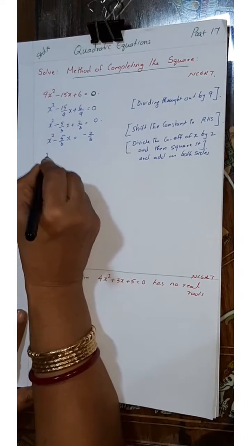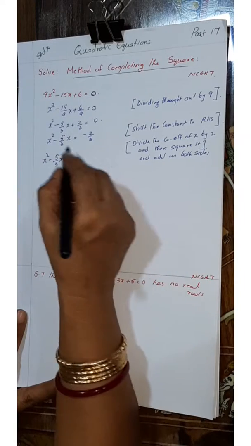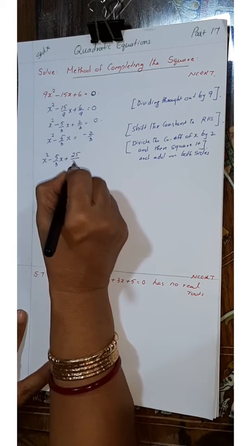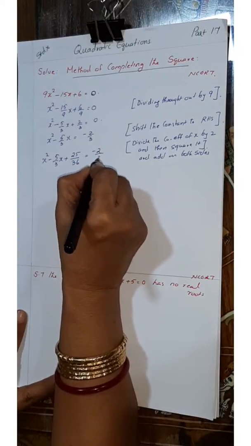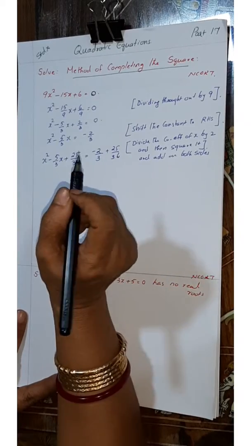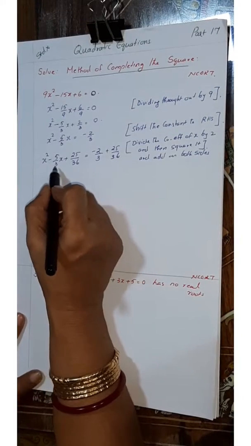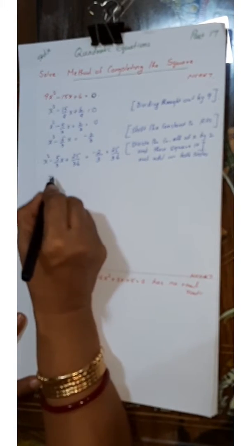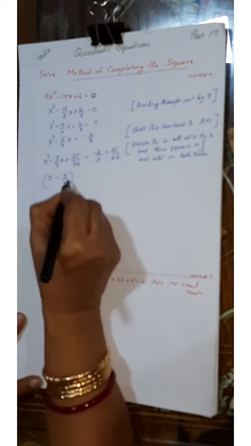So x squared minus 5 by 3x plus 25 by 36 is equal to minus 2 by 3 plus 25 by 36. So this will become, this is actually x minus 5 by 6 the whole squared.